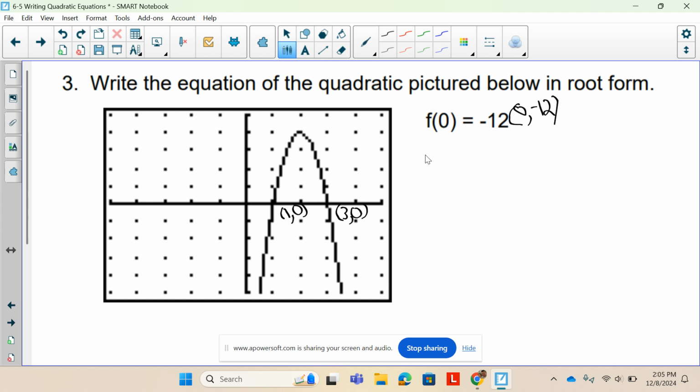So with that, I will start in on this. My y value is -12 equals a, which is what we don't know, and then I'll do x, which is 0, minus 1, which is my first root, times 0 minus 3, which is my second root.